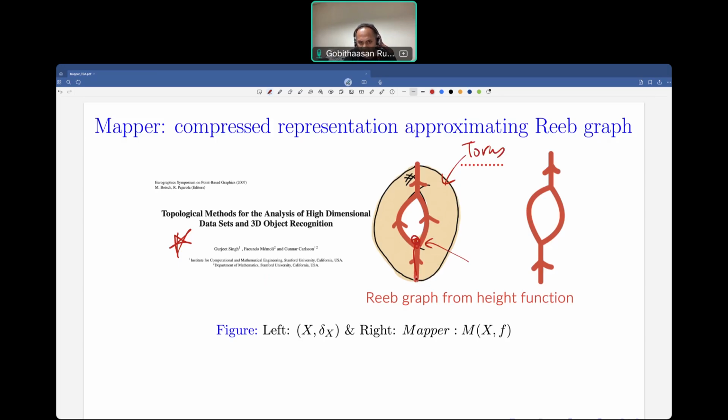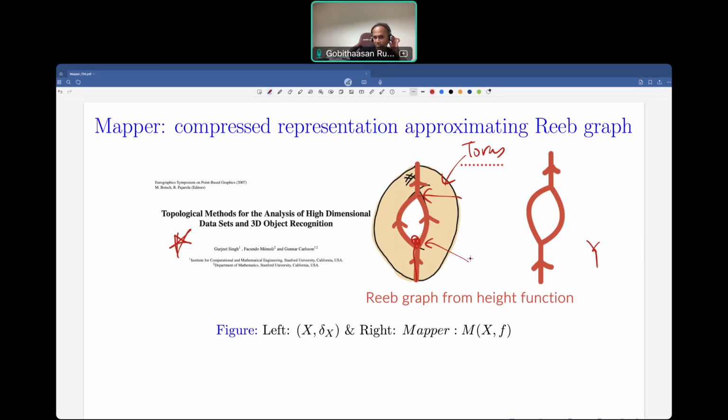Originally, it was just one piece, and then it broke into two, and then it joined at another critical point, and then one piece again. So the height function, the y value here, gives the Reeb graph of a torus. Okay, so that is basically the idea.